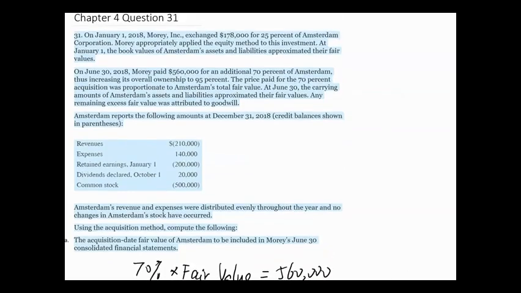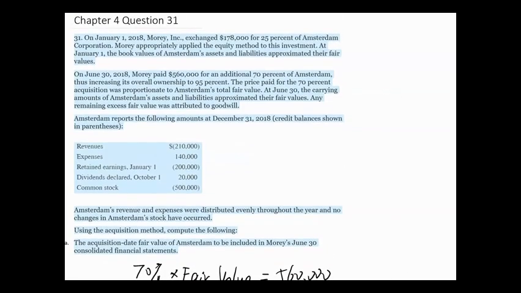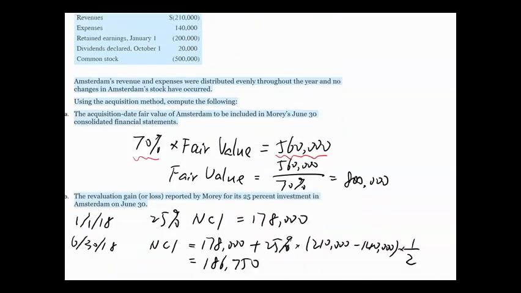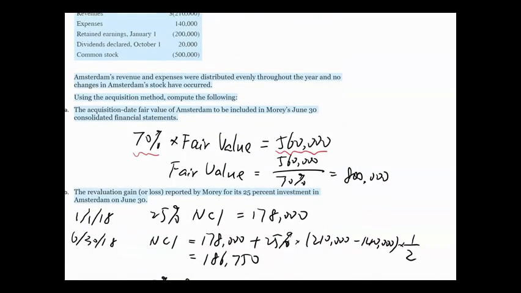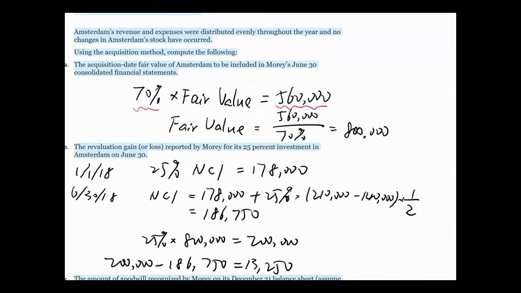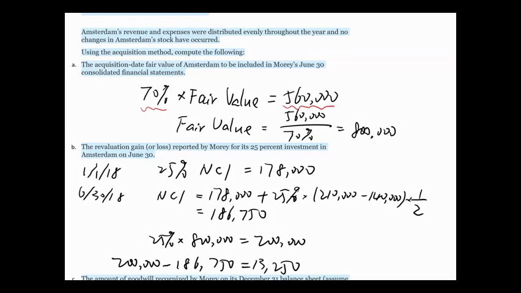And also we know that the price paid for the 70% was proportionate to Amsterdam's total fair value. Okay, so this equation tells us that 70% of total fair value should equal $560,000, which means that fair value should equal $800,000. So $800,000 is the answer to this question.